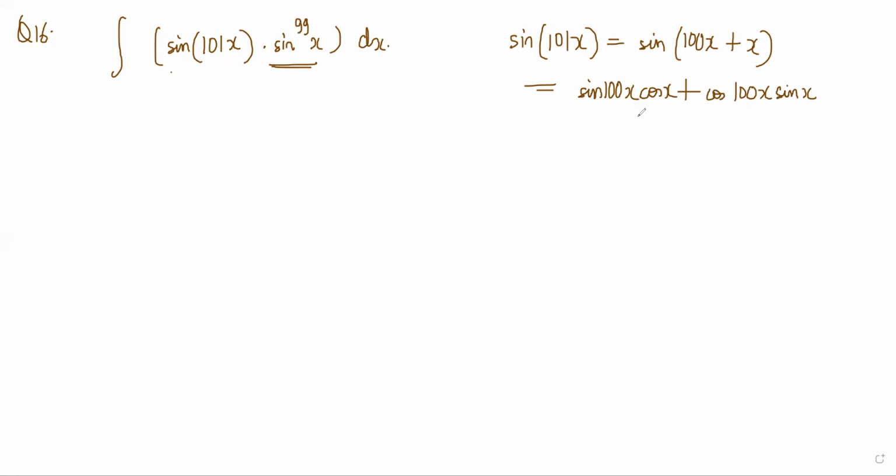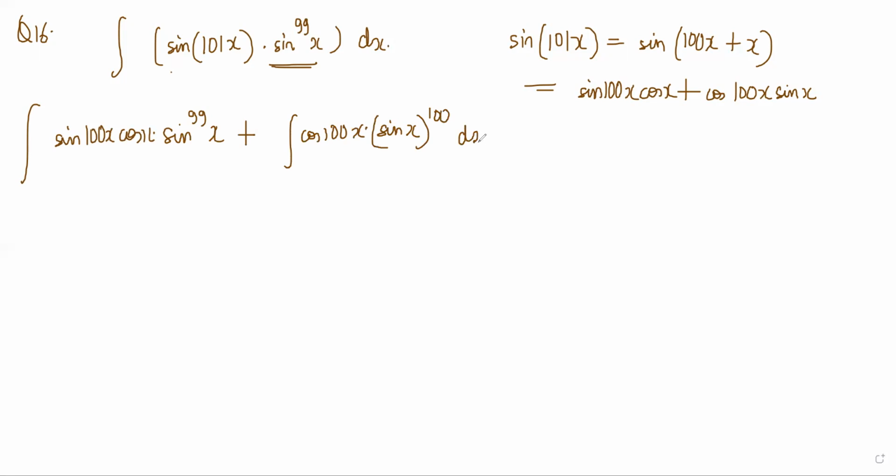Why is this useful? Because now we can split this integral into two parts. We have sine 100x cos x into sine power 99x plus cos 100x sin x into sine power 99x, which is sine power 100x, right? These are the two parts here.